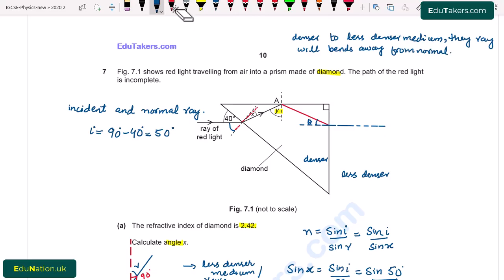But in the case when it goes from less dense to denser medium, what will happen? It bends towards normal. In our case, ray of light is in a denser medium, and it is leaving the denser medium and comes out into the less dense medium. That's why it will bend away from this normal line. So I will draw a ray here.